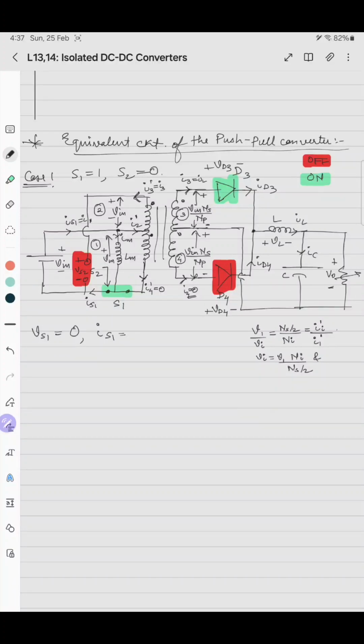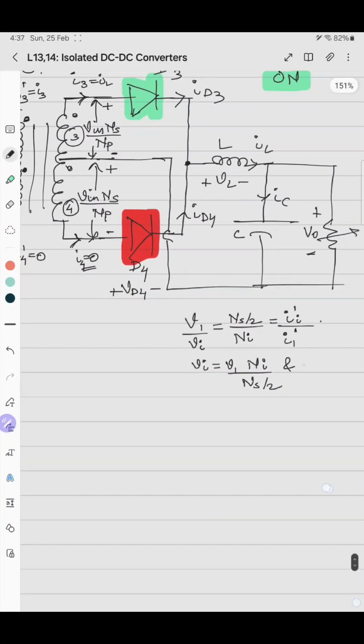So we don't know I dash, so we can write I dash is I1 dash into Ns by 2 divided by Ni. Again I made a mistake, it should be Np, because it's a primary winding.